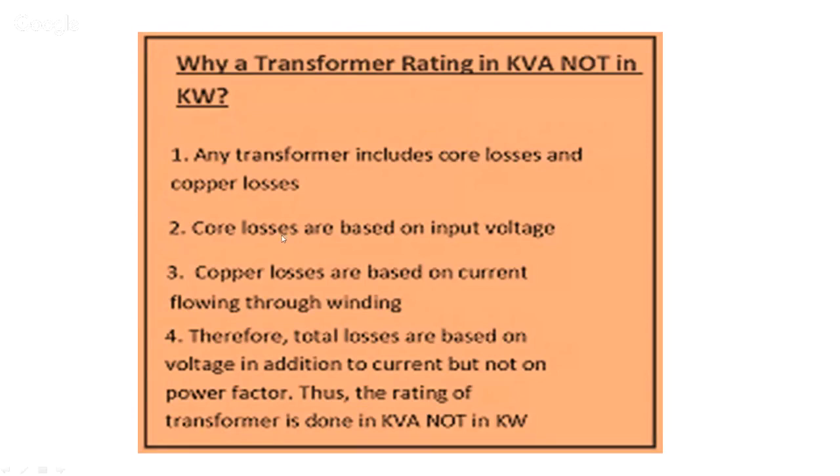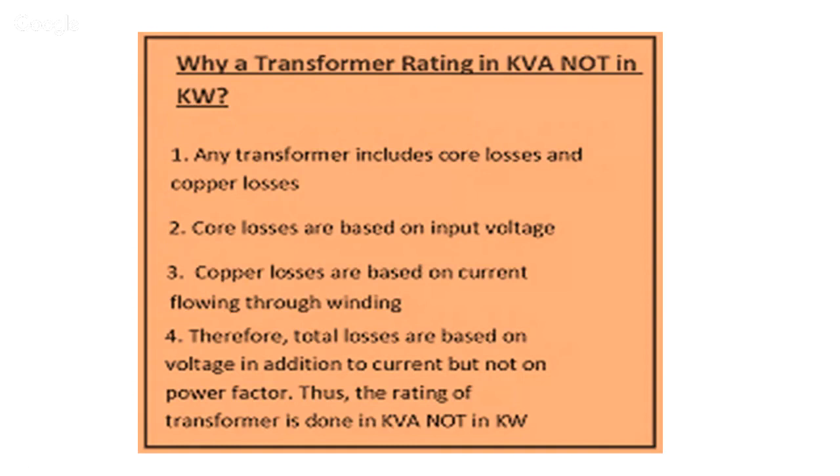So core losses are based on the input voltage, whereas copper losses are based on the current flowing through the winding. Therefore, total losses are based on voltage in addition to the current, but not on the power factor. Because we know power in AC circuits, we write it as P equals VI cos phi.